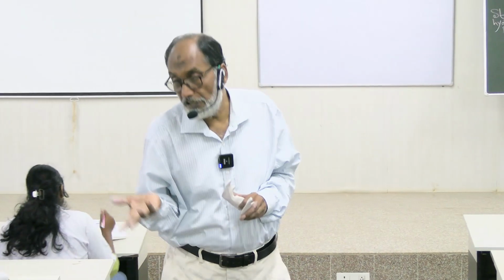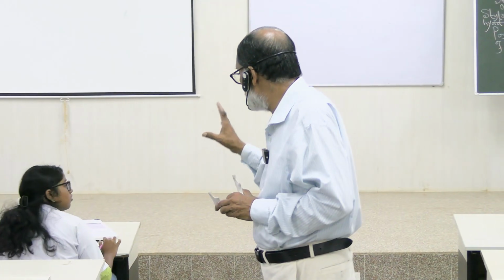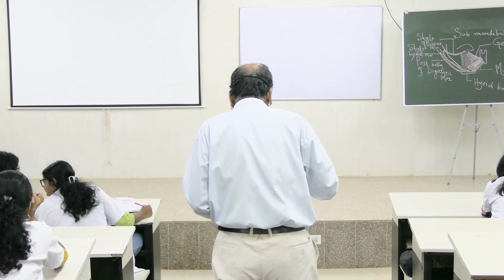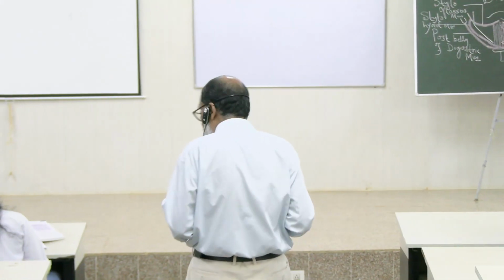It is a mixed salivary gland. Why is it called mixed? Serous and mucus acini, both are present. Which one predominates? Not mucinous, serous predominates. That's why I call it a mixed gland.